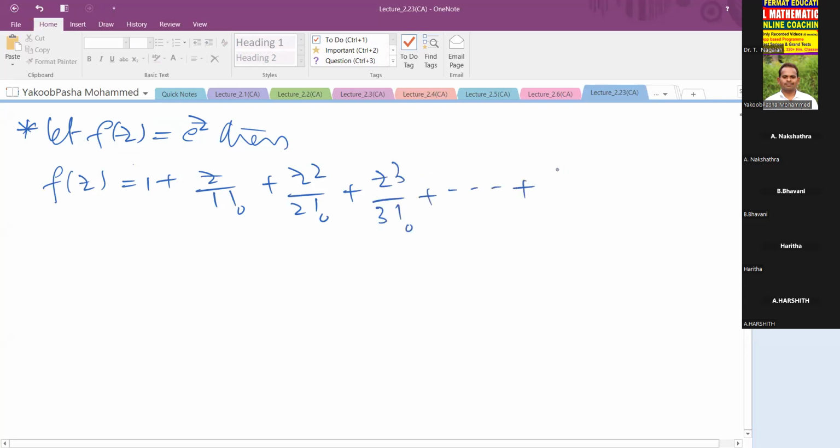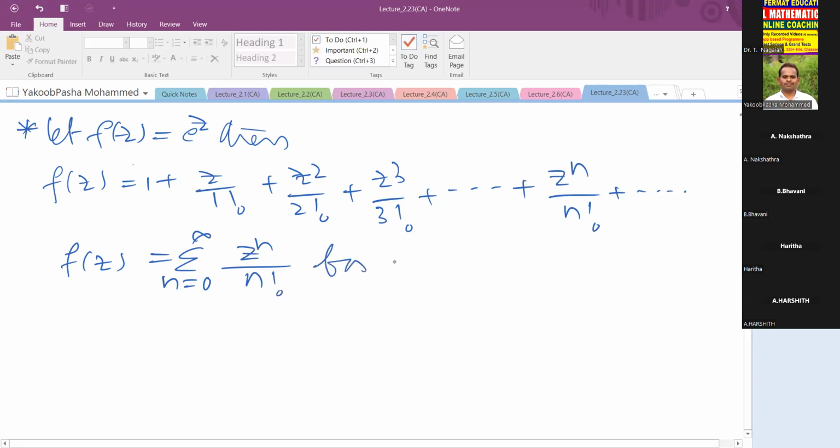I am taking the nth term here, that is z power n by n factorial plus and so on. This is the expansion of e to the power of z. So we can write f of z as summation n equal to 0 to infinity z power n by n factorial, that is z whole to the power of n by n factorial.